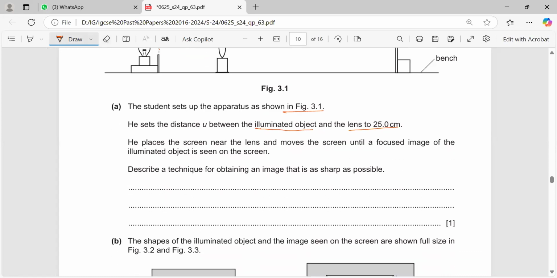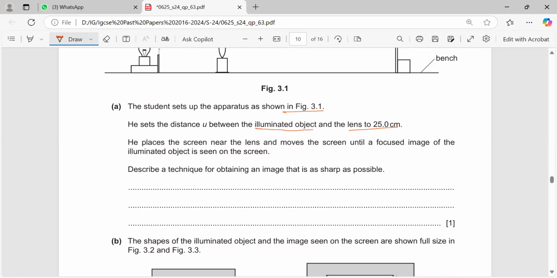He places the screen near the lens and moves the screen until a focused image of the illuminated object is seen on the screen. Describe a technique for obtaining an image that is as sharp as possible.